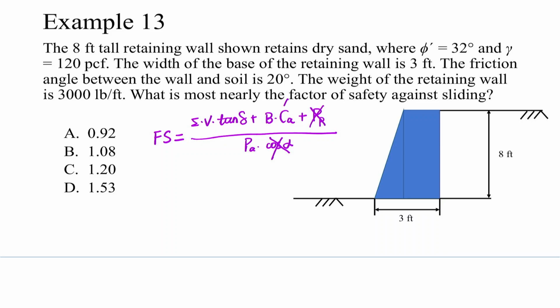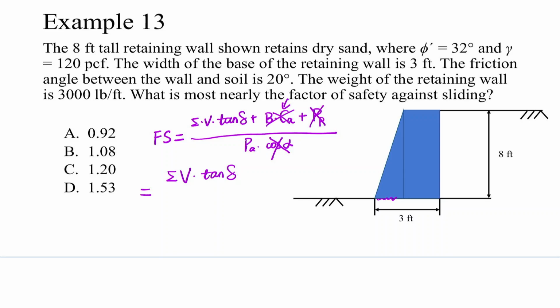The Ca is the adhesion between the wall and the soil. We are not given that information here, so we can ignore this part as well. So basically, for our case, we're talking about the sigma V, which is the weight of the wall, times the friction angle, not the friction angle of the soil, but the friction angle between the wall and the soil.